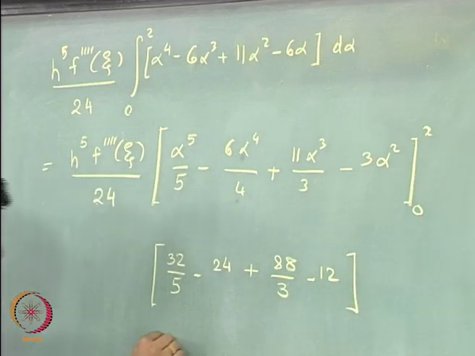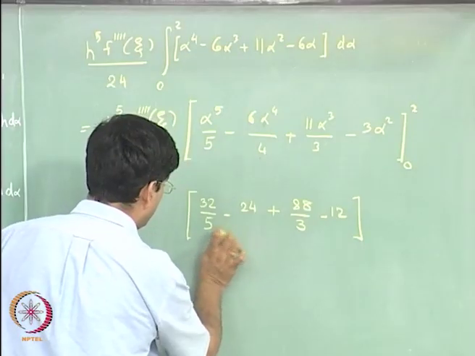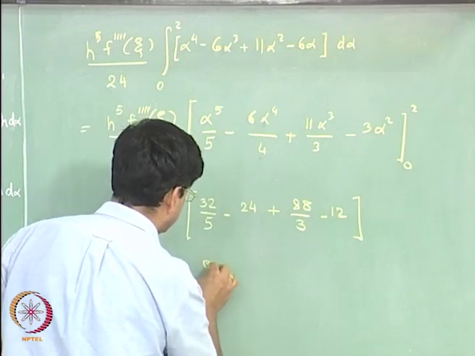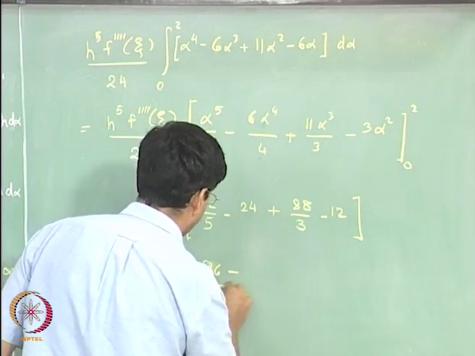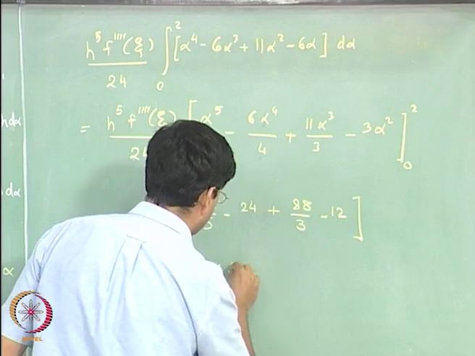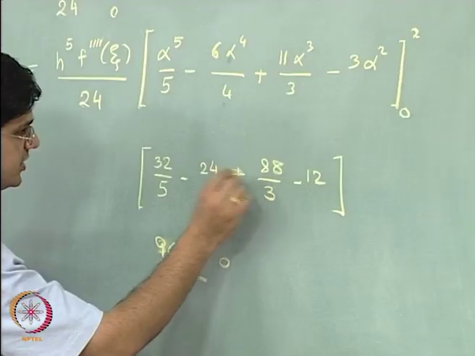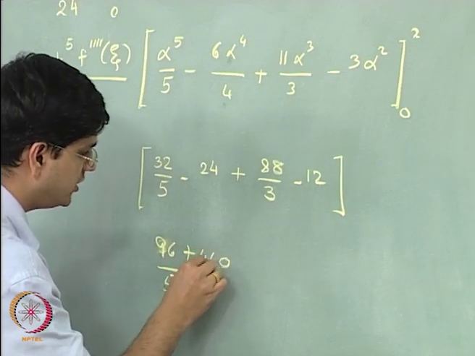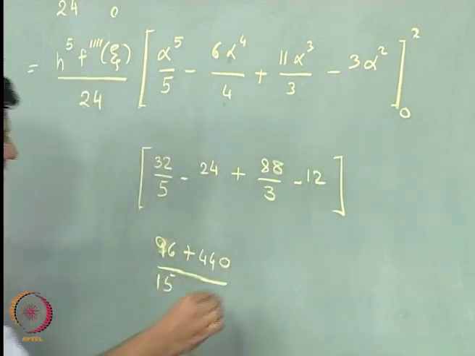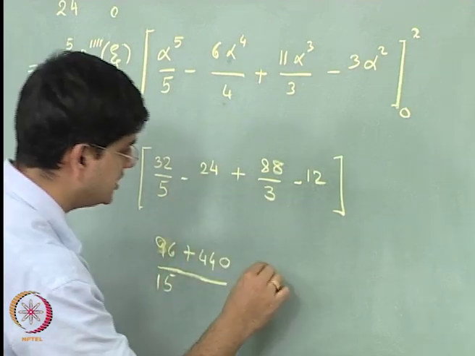Okay. So this is 32 by 5 plus 88 by 3, and with a common denominator of 15 we get 396 by 5 plus 440 by 15 minus 36.